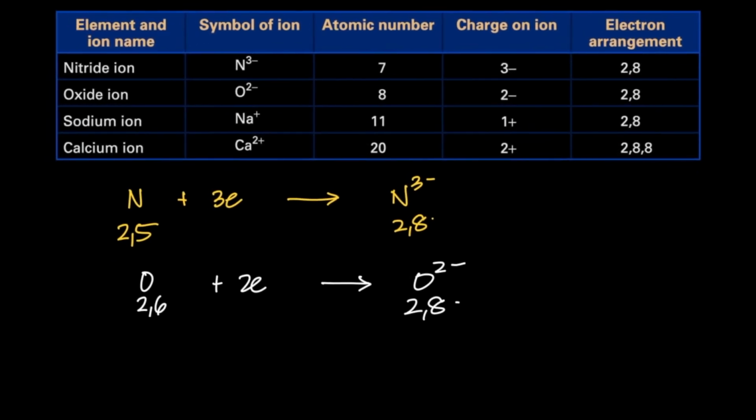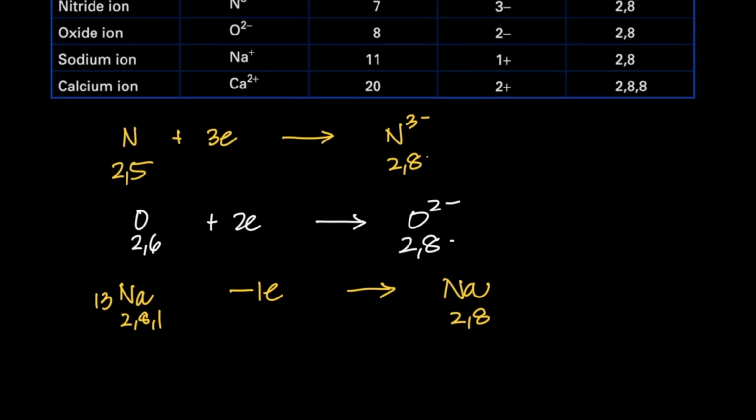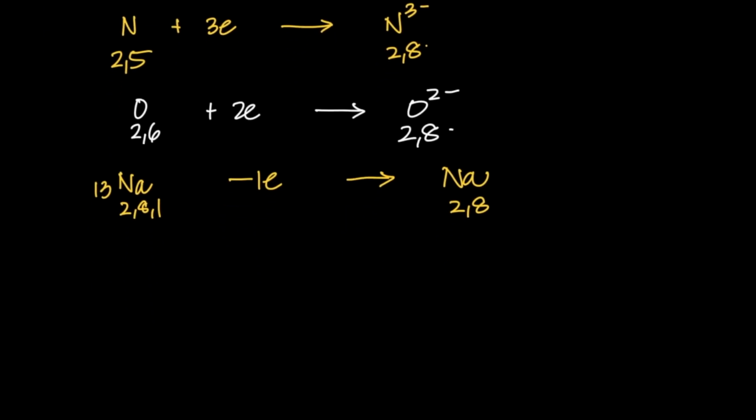And when sodium, which is 2, 8, 1 with proton number 11, loses 1 mole of electrons, which is 1 electron for each atom, it becomes 2, 8. And lastly, you've got calcium. Calcium has 20 electrons in the atom.